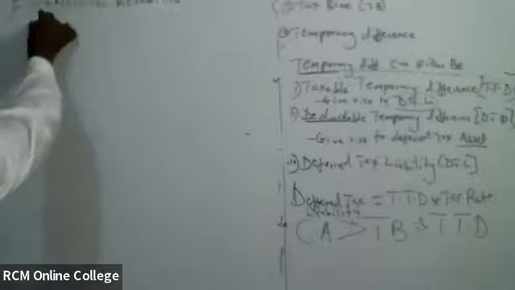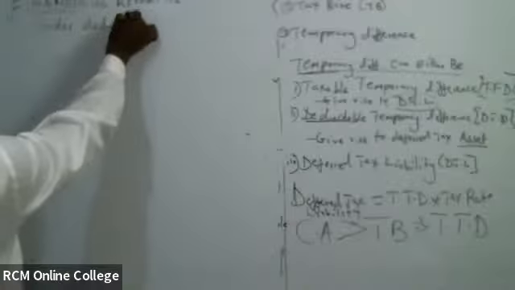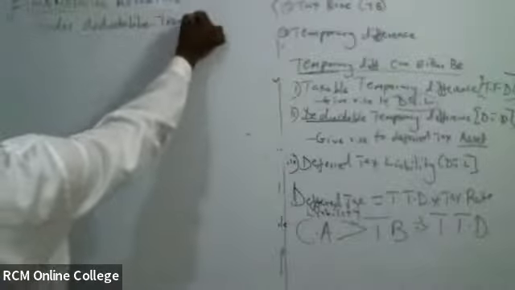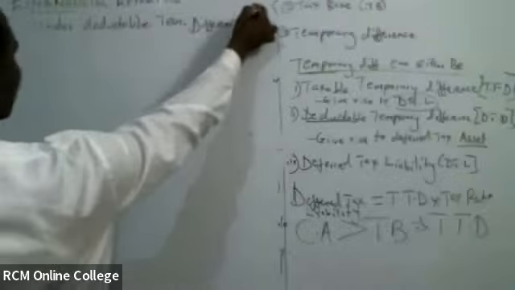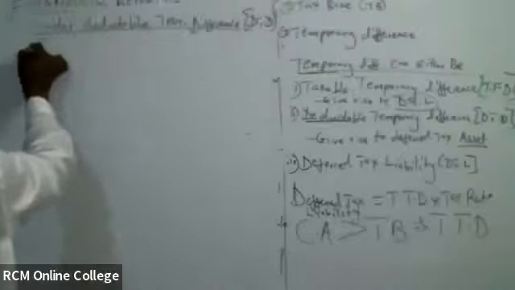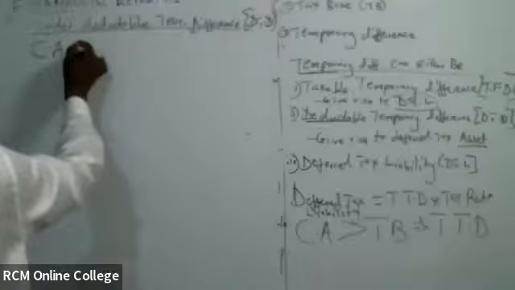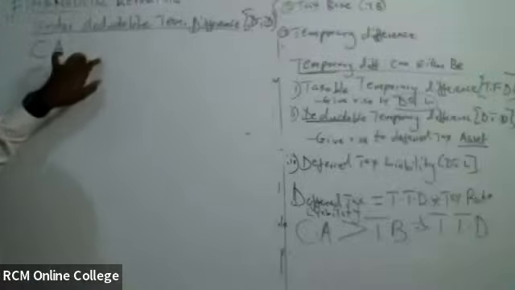So let's have it. Deductible temporary difference. And the deductible temporary difference: the carrying amount, is it greater than or less than the tax base?